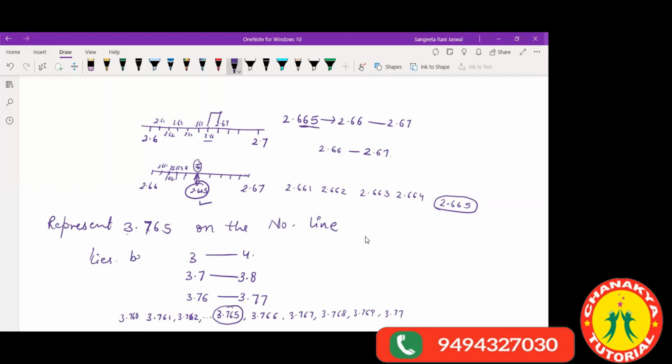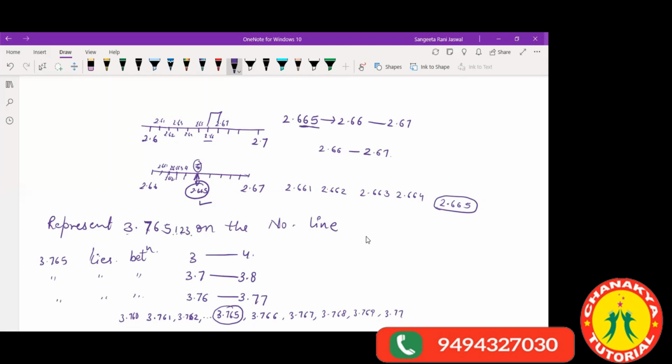Here you can write that 3.765 lies between 3 and 4, and it lies between 3.7 and 3.8. Okay, we will keep on magnifying the small units. Suppose you are given even more digits after this, like 1, 2, 3, that also you can find out.